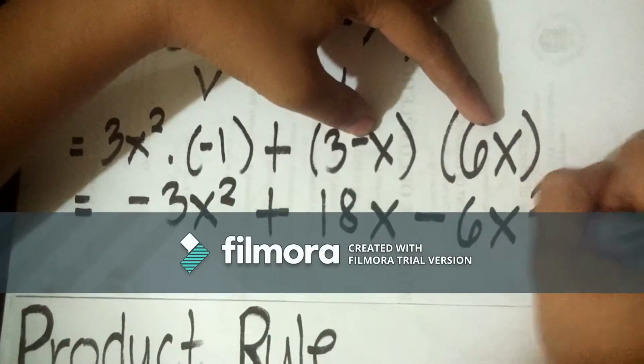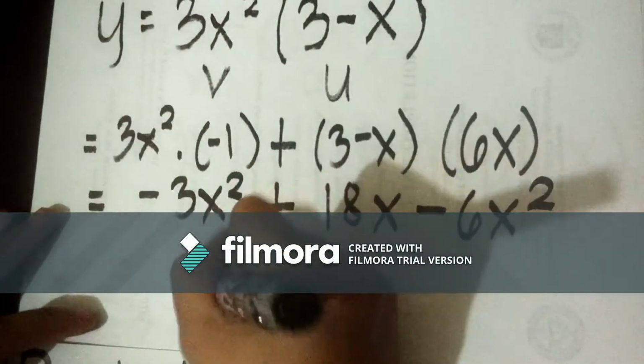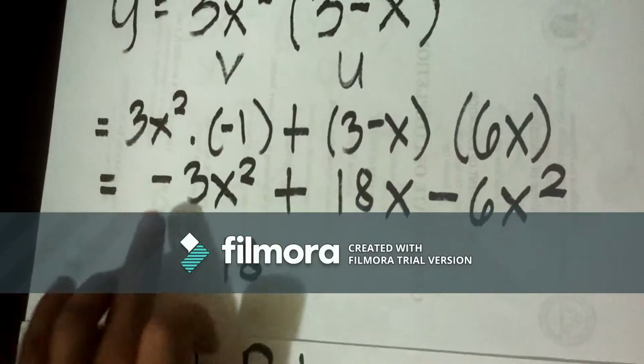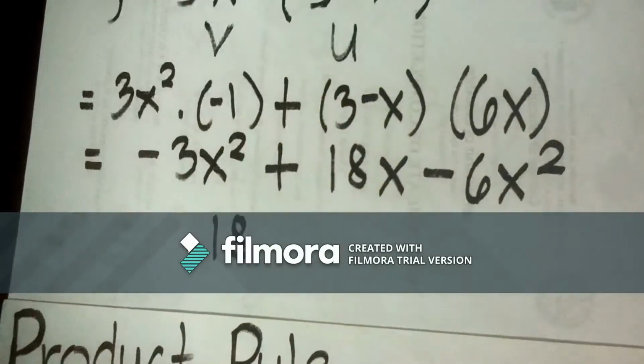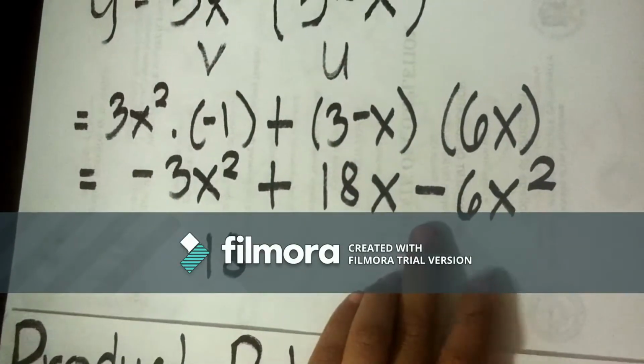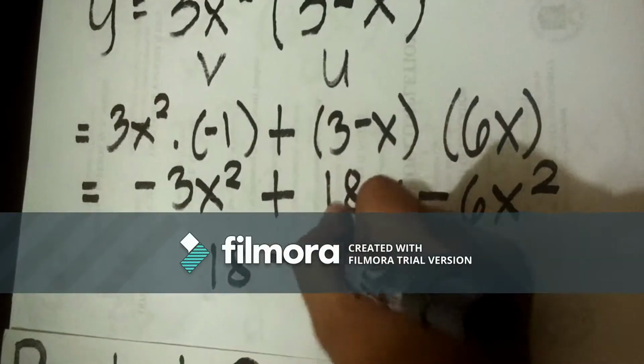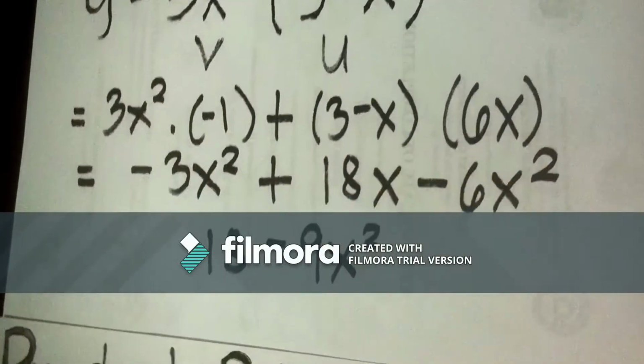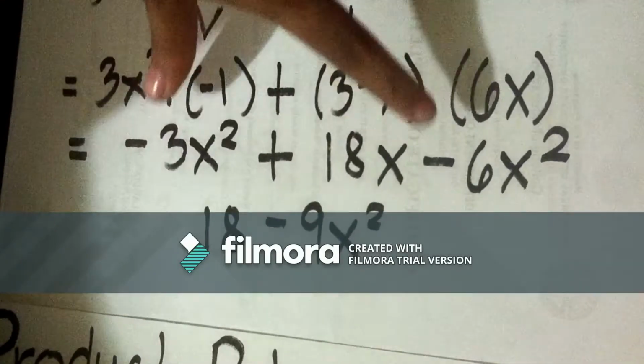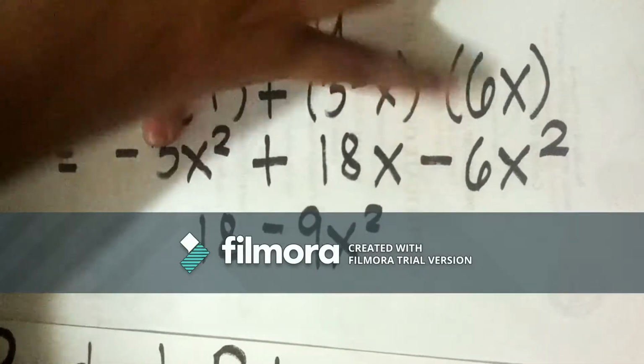We are now going to combine like terms. So 18x, negative 3x squared plus negative 6x squared equals negative 9x squared. Since they are both negative, we are going to add them and copy the sign.